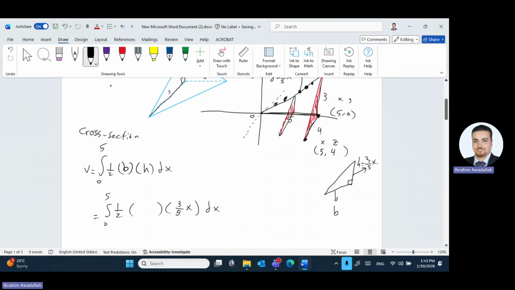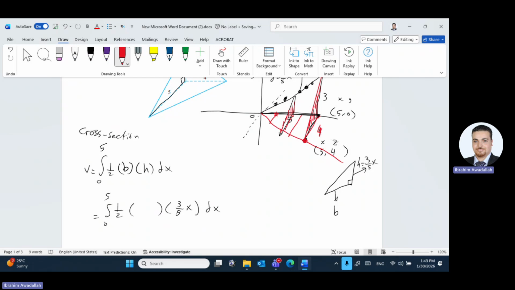Now this another straight line, this line on the z-axis. The base will be from here to here. The highest base I have is 4.